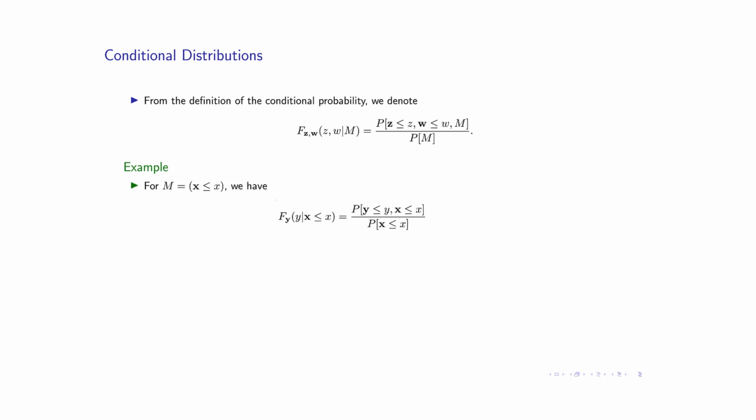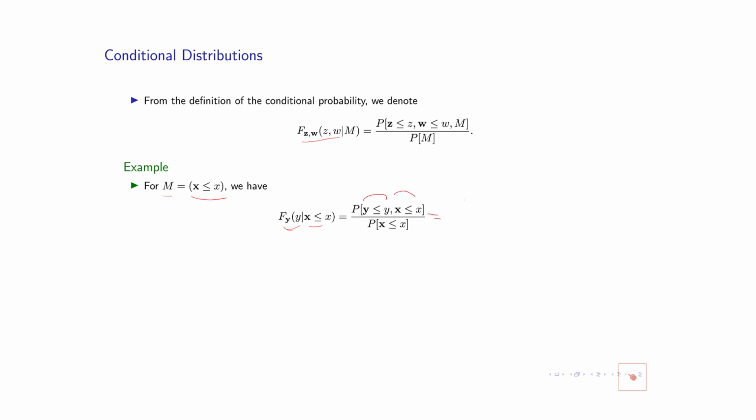For example, if I let event M to be X is smaller than or equal x, and then instead of random variables Z and W, I have only random variable Y, I will get this one. So I will get probability of the intersection of these, divided by that.